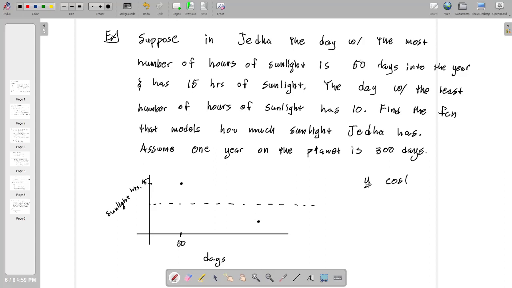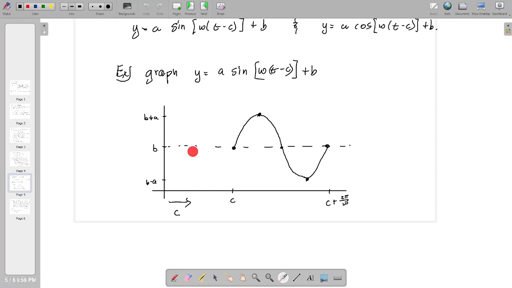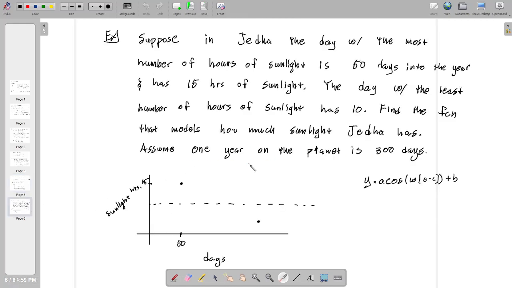So we're going to have a model that looks like this: y equals a cosine of omega times (x minus c) plus b. Now this b is going to be our new axis, as we saw in the previous graph, the axis over which we oscillate.